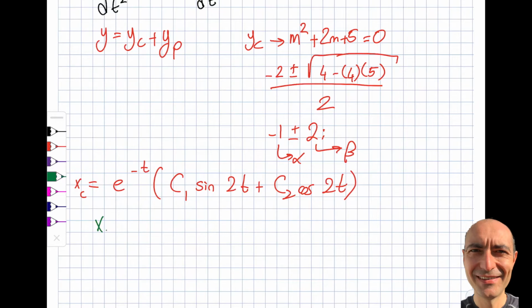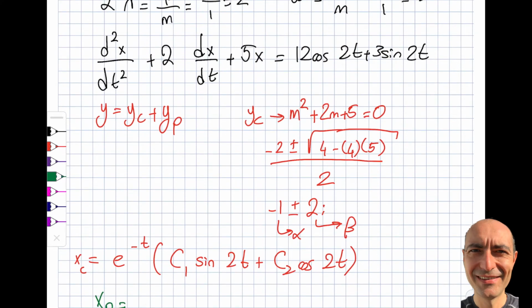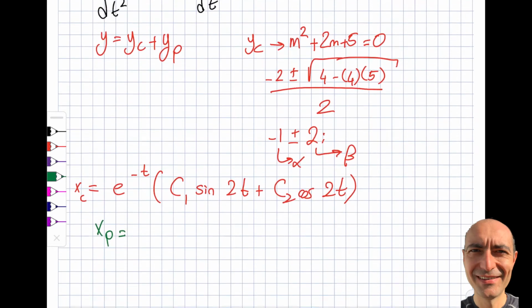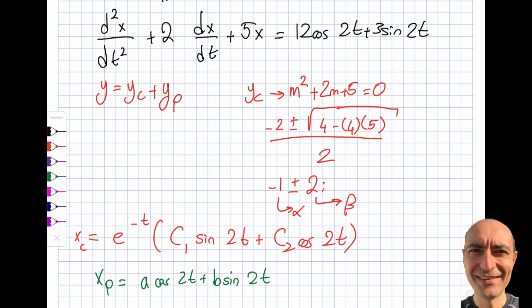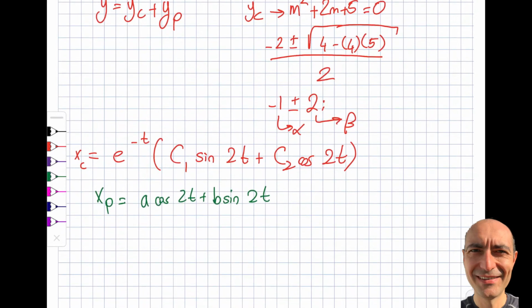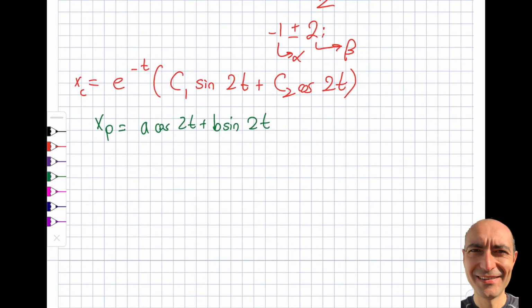Okay. So if I do that, let's look at the right-hand side of the equation. Do you remember what the form of the yp should be given that? Yeah, I do know, actually. It's going to be a cosine of 2t plus b sine of 2t. If I go up, you'll see I'm replicating this cosine of 2t and this sine of 2t. I have this a and b, and the goal is to find the values of a and b for this particular solution.